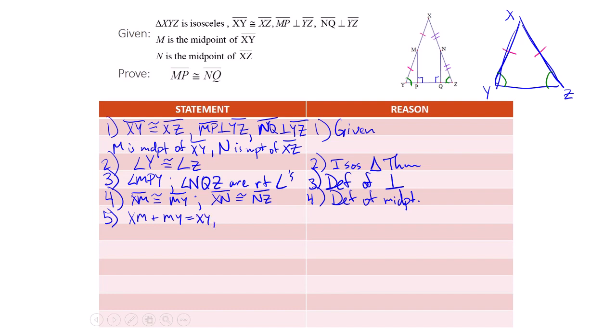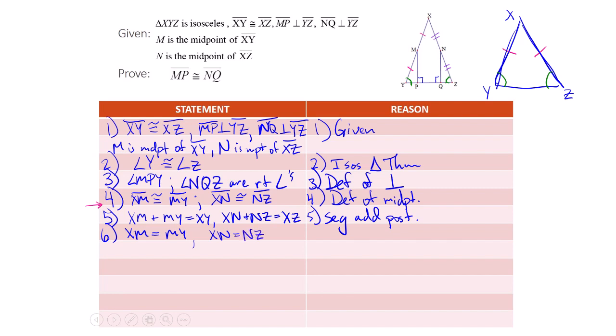And we can say that XN plus NZ equals XZ. And that's by the segment addition postulate. And I could have done this in here, but I can do it in this next step. I can say, well, I know that XM is equal to MY, because if they're congruent, that means their measures are equal. Same thing with XN and NZ.